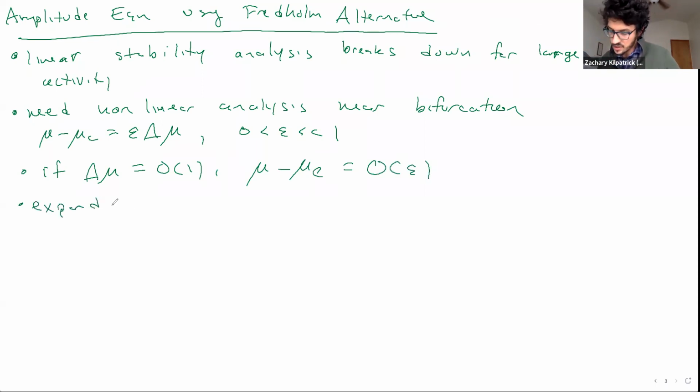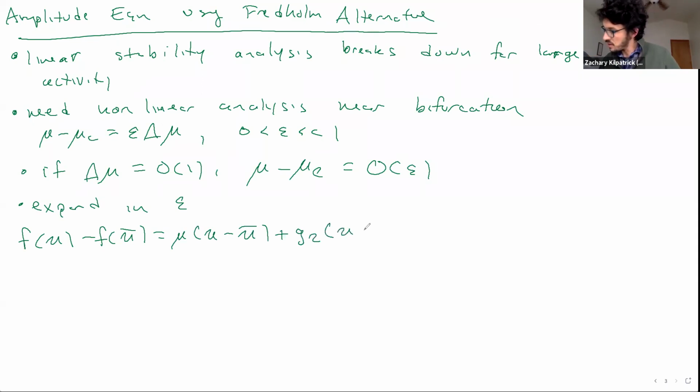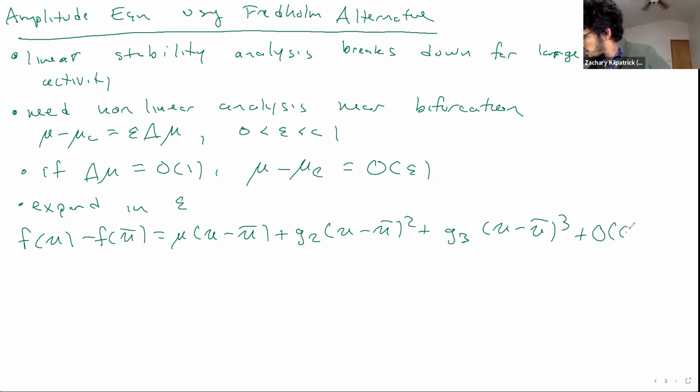So what we'll do is we'll expand in epsilon, and we get that f of u minus f of u bar is equal to mu times u minus u bar plus something I'll call G2, u minus u bar squared plus G3, u minus u bar cubed plus order u minus u bar to the 4th terms, okay?